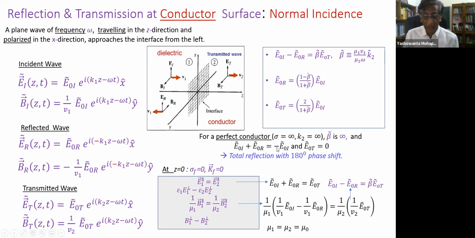So that is minus EOI, and you get really a mirror. So that's normal incidence. The only thing to note is that this looks similar, but they are all complex quantities. That is what I said: once there is a lossy medium, all our familiar quantities become complex.